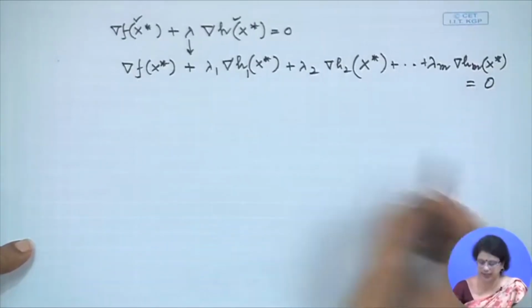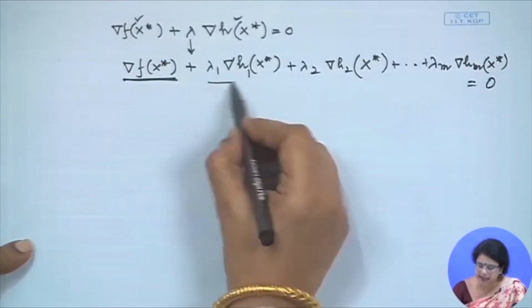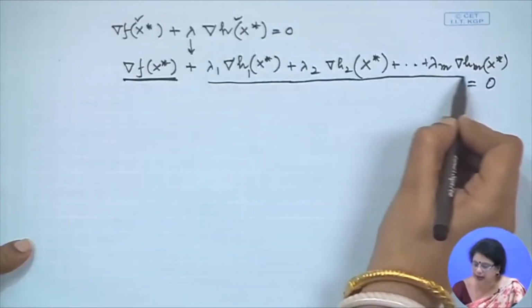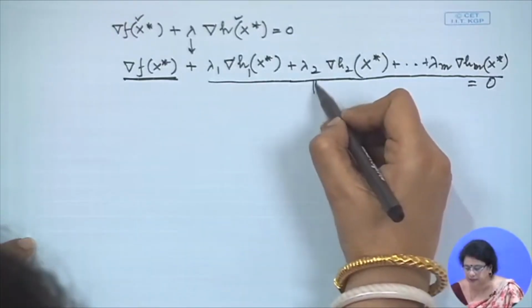That is why can we not say that the gradient of the objective function can be written as a linear combination of the gradients of the constraints? Therefore, we need to understand what it means graphically.